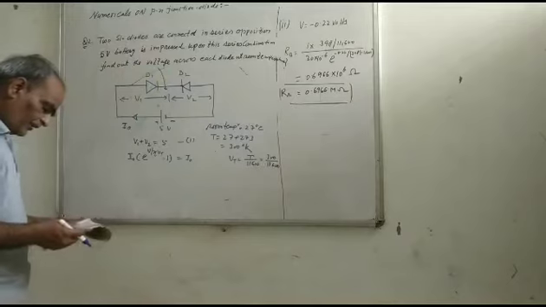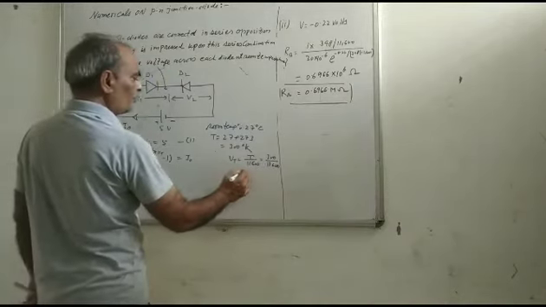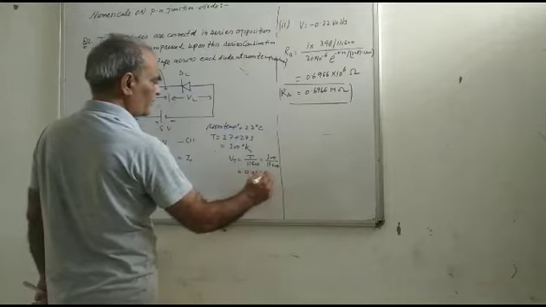This is the value of Vt, and it comes as 0.0258 volts.